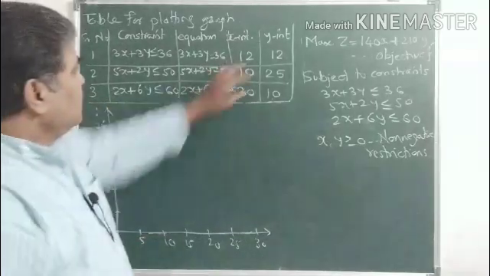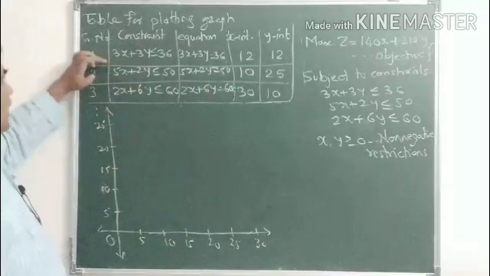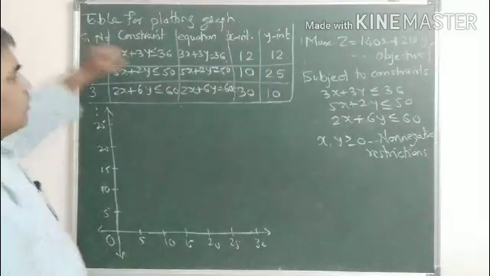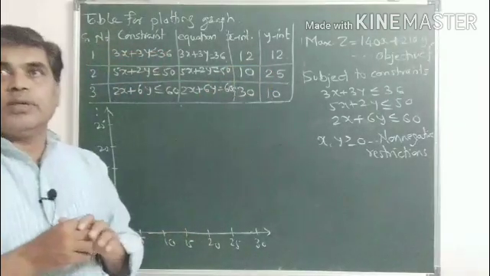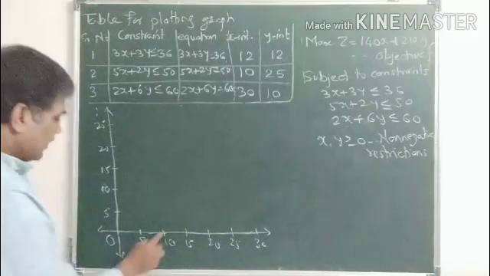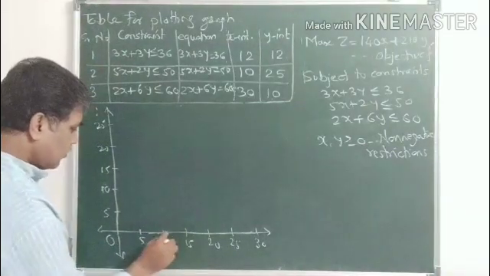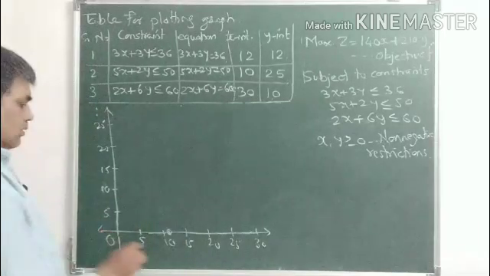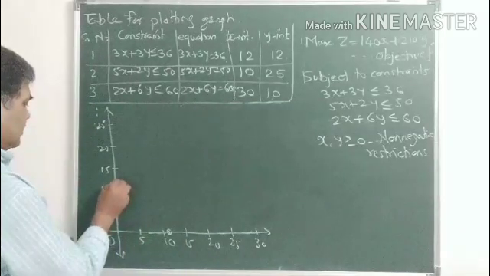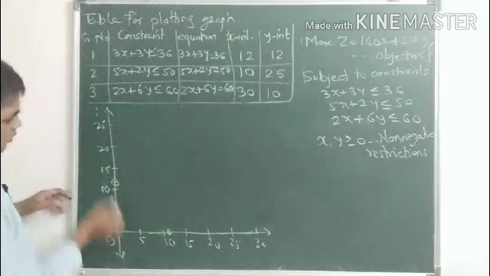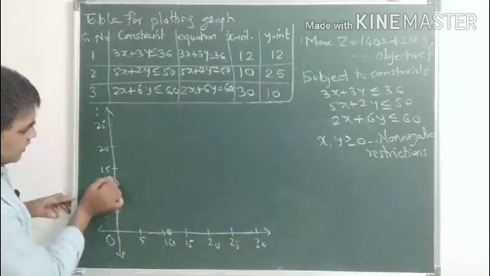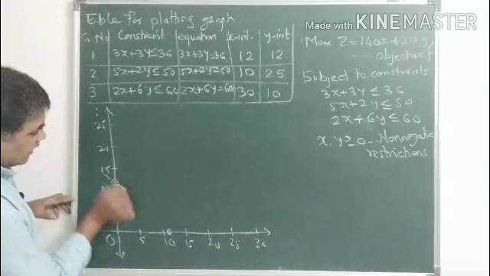Now for the first, x-intercept is 12, y-intercept is 12. So 10, here we have 5, so I will take point here, then 12 is here, and through this with the help of a scale, draw the correct line.